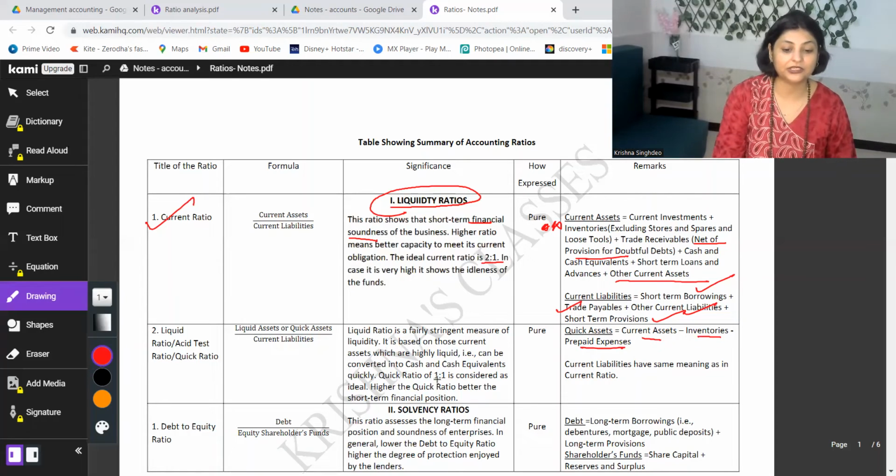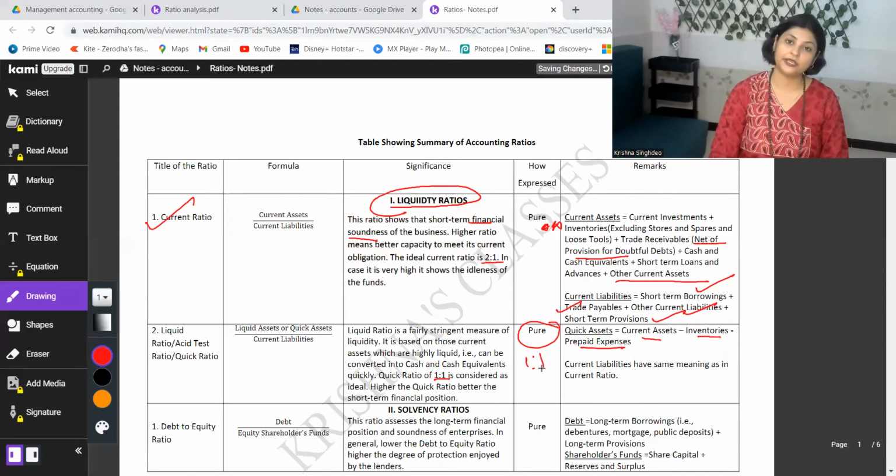It can be converted into cash and cash equivalents quickly. The ideal quick ratio is 1:1. The higher the quick ratio, the better it is for the short-term financial position. And this ratio is also a pure ratio. It is also expressed as 1:1 or something like this. In this form only this ratio is expressed.